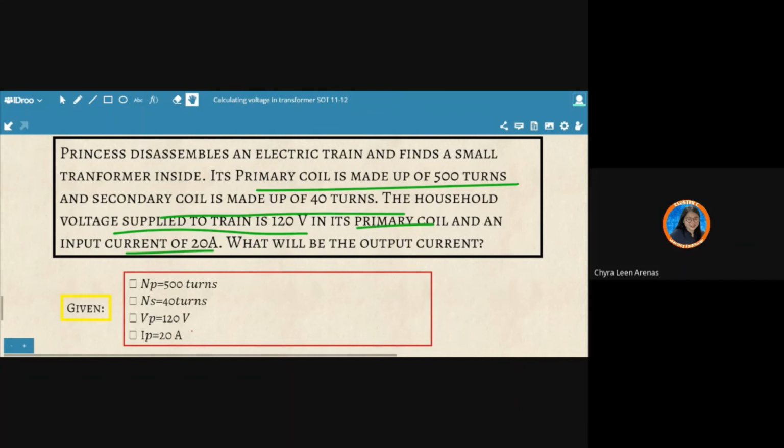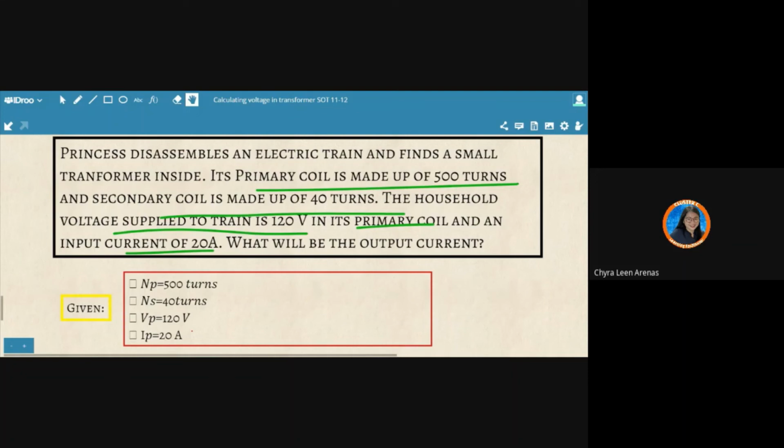Because there are VP, or primary voltage, IP, or primary current, NP, which is 500 turns, and NS, which is 40 turns. So it is quite difficult to identify the formula.